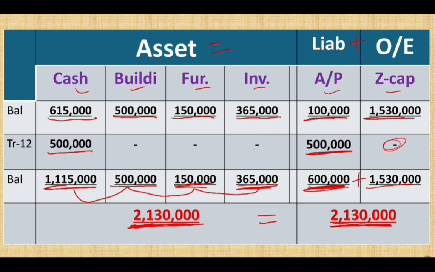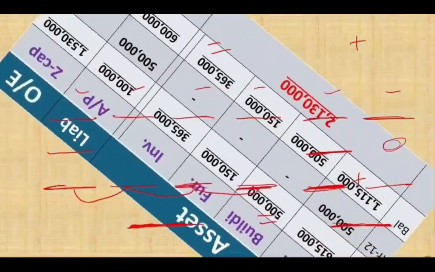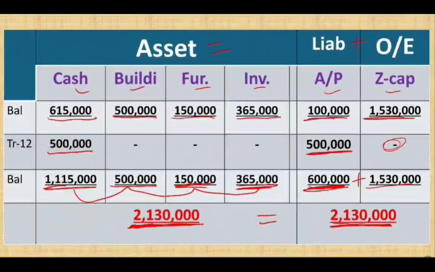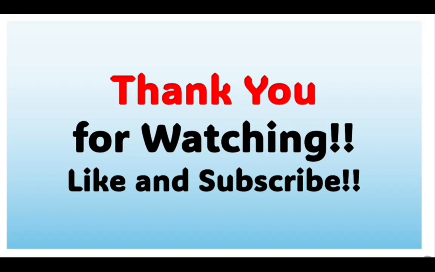So after differentiating the type of accounts, you have to also differentiate which account is increasing and which one is decreasing. So in a given transaction, there should be at least 2 or more accounts that are affected, but the total asset and the total liability plus owner equity should always be the same. So that was what we have for lesson 3.